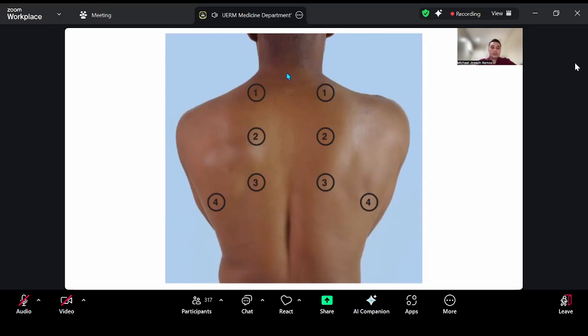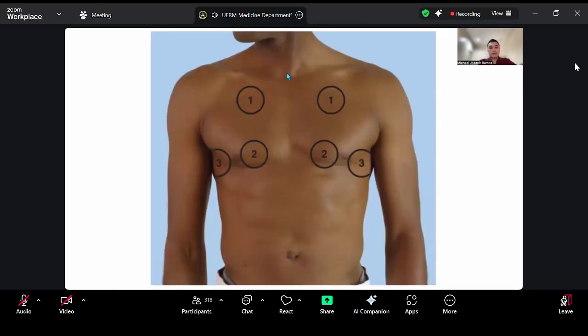And if with asymmetric fremitus, take note of the areas with increased or decreased or absent fremitus. In the anterior chest, it is also recommended to do a stepladder approach for consistency. So starting from the top on the first area, going down to the third area, as in here in this slide.